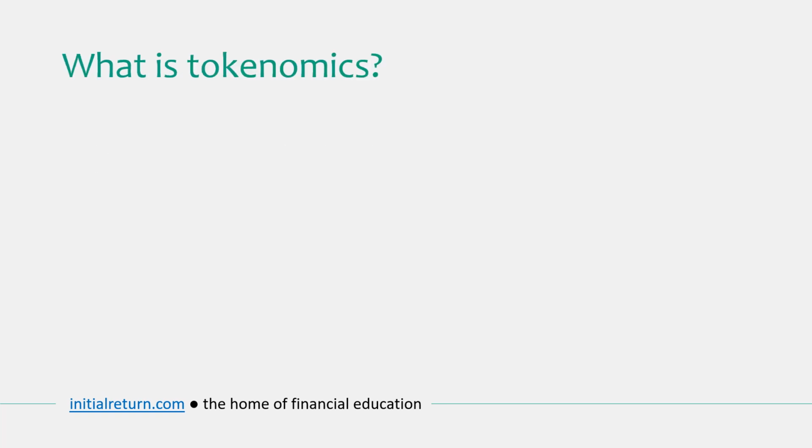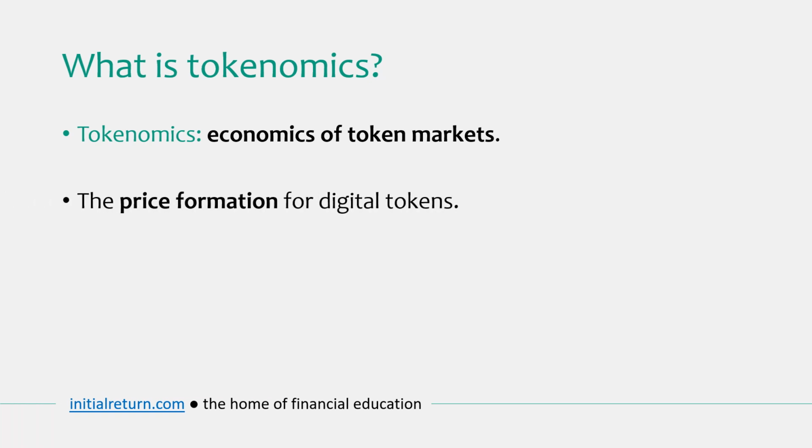So let's begin with giving a basic definition, or a fundamental definition, of tokenomics. Essentially, tokenomics is the economics of token markets. It's an abbreviation: token economics has been abbreviated into tokenomics. In particular, tokenomics concerns itself with price formation in crypto markets, right?